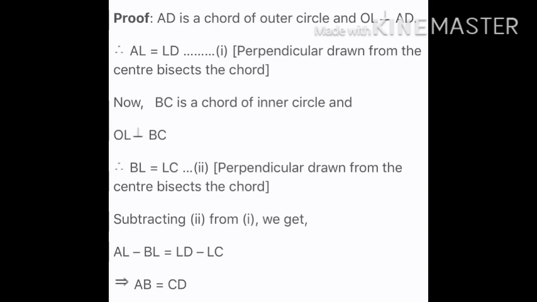So BL is equal to LC. This is the 2. A perpendicular drawn from the center bisects the chord. Subtracting equation 2 from 1, we get AL minus BL is equal to LD minus LC, which is AB is equal to CD. Now proved.